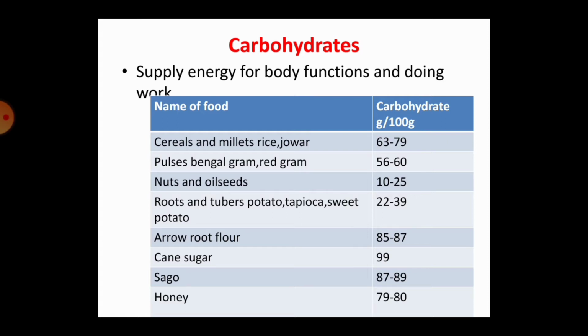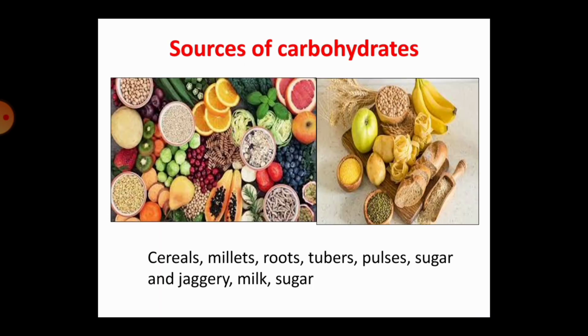The second column you find the amount of carbohydrates in 100 grams of each of these items. So cereals and millets have more carbohydrates per 100 gram, and sago, honey, is also having high amount of carbohydrates per 100 gram. So these are the rich sources of carbohydrates: cereals, millets, roots, tubers, pulses, sugar, jaggery, milk, sugar.